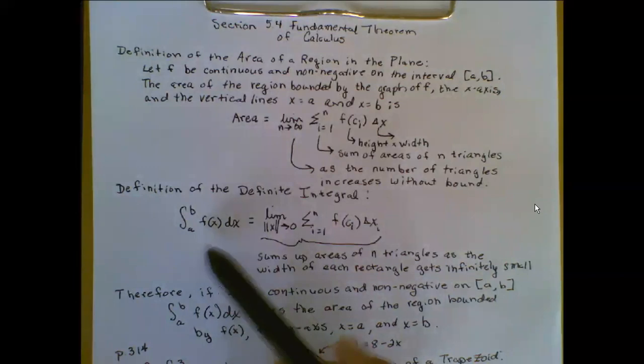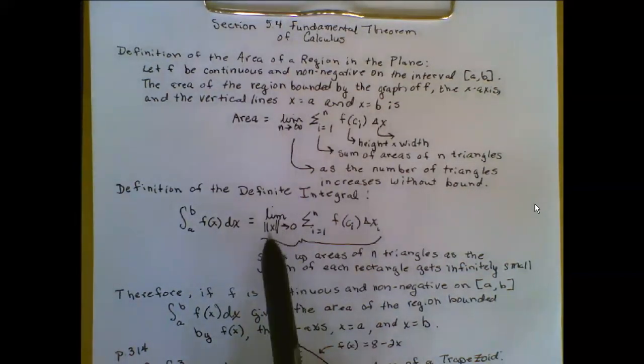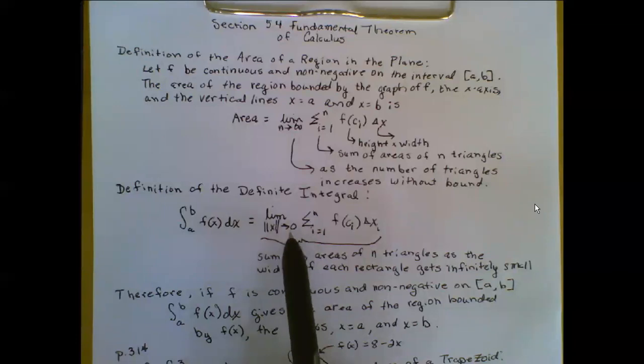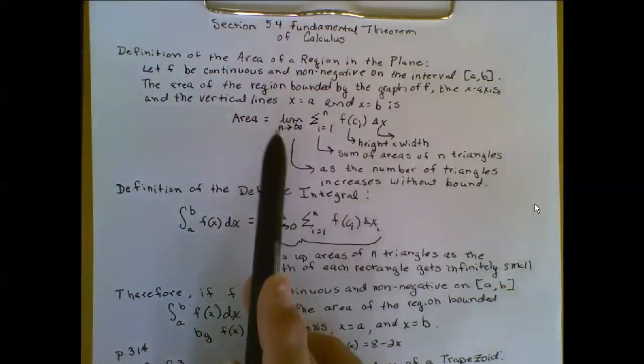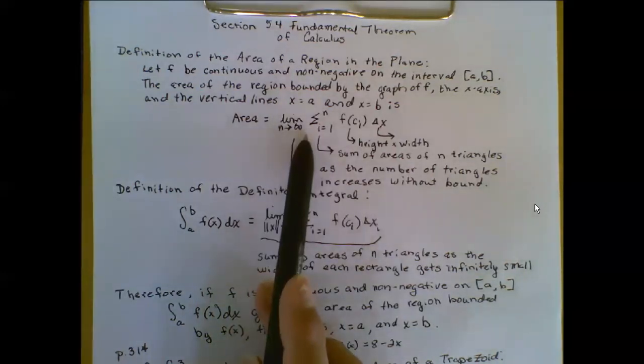The other restriction that was removed is that this notation, remember, this is called a partition in x, and it's the width of the largest rectangle, and this is saying the width of the largest rectangle is going to 0. If each rectangle is getting infinitely small, really that's the same thing as the number of rectangles increasing without bound.